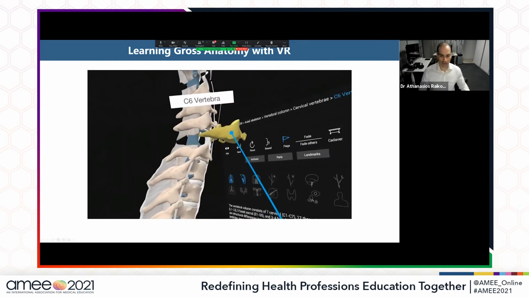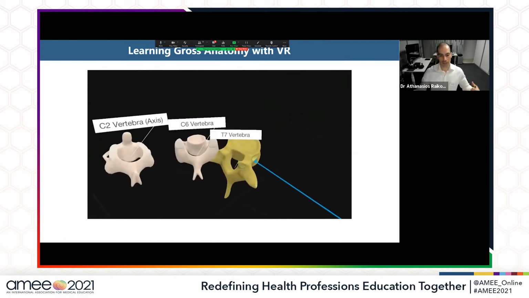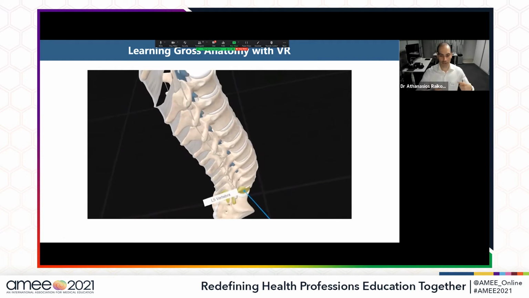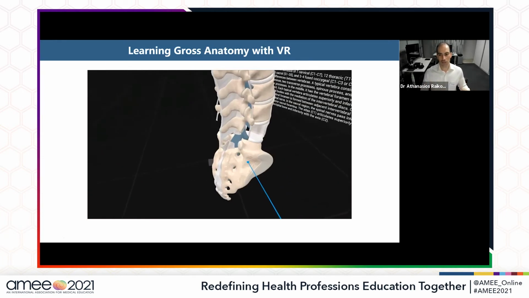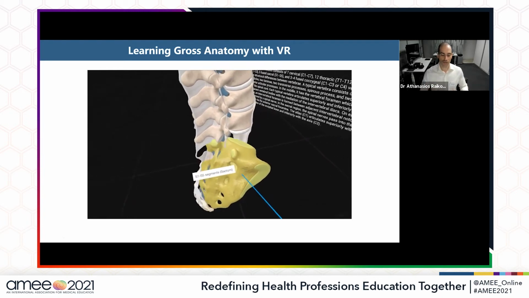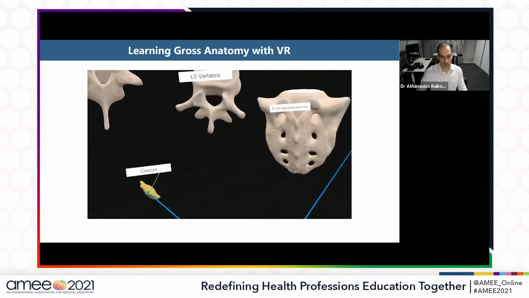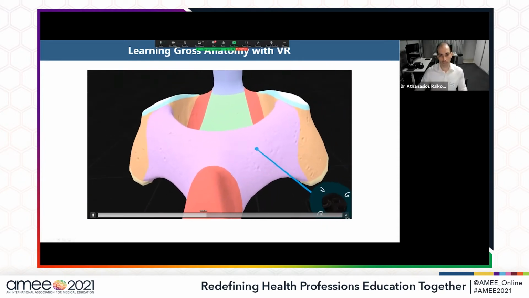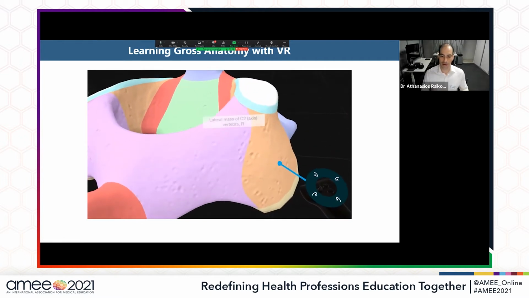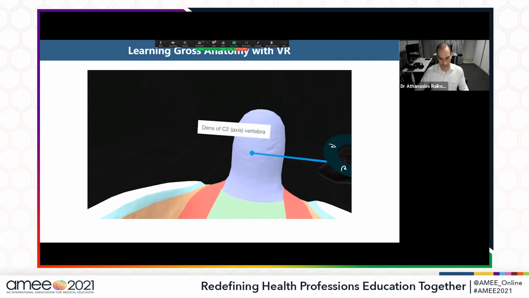So this is an example of the vertebral column. So you can use the VR controllers and you can grab the bones, the vertebrae, and move them in 3D space. You can read about each vertebra, anatomical definitions. You can see the landmarks with color maps. Let me move on. This is the color maps for the landmarks, the surfaces, the borders, the parts of the vertebra.